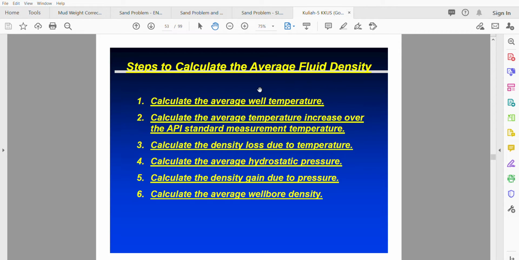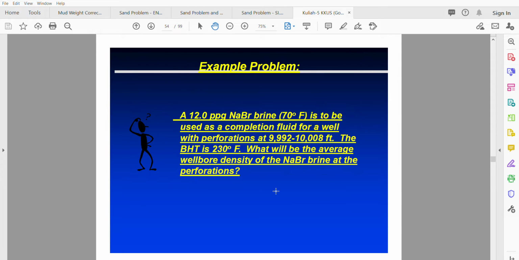The first is we calculate the average temperature, and then the average temperature increase, ATI, and then the density loss due to temperature, and then the average hydrostatic pressure to calculate the density gain due to pressure, and then finally the average vapor density that we expect to have in the gun. So this is the example.